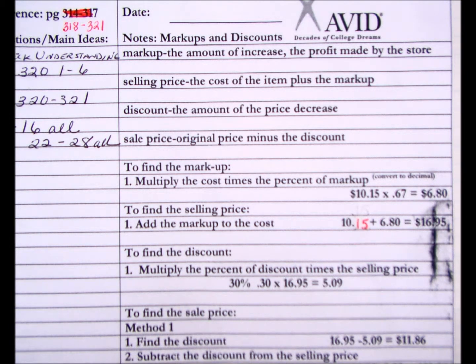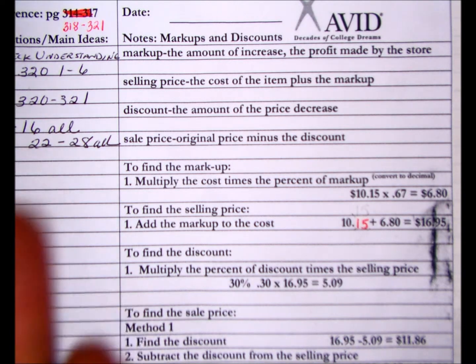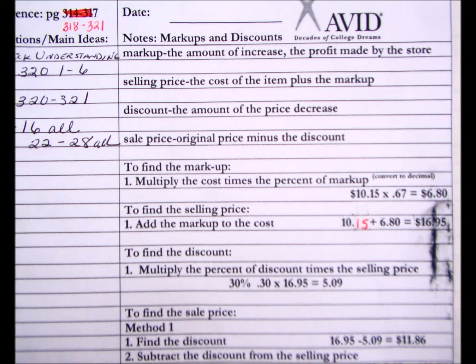So if they buy a shirt for $5 but they charge you $11, the markup is the $6 that they're charging you above what they paid for it. That's the markup. The selling price is $11.